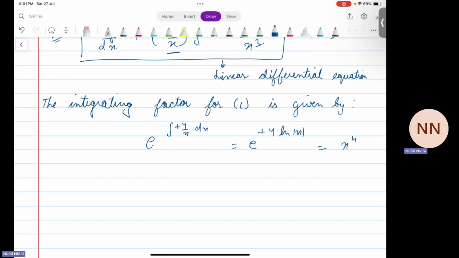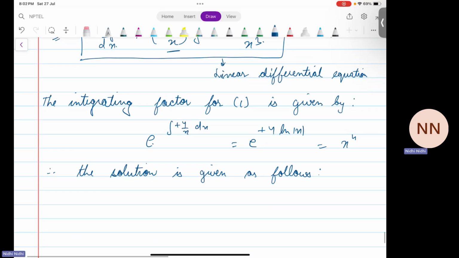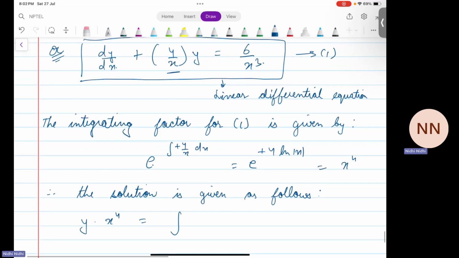Using this integrating factor, we can easily find the solution, which is given as follows. y times the integrating factor is equal to integration of the non-homogeneous part, 6 by x cube, times the integrating factor x power 4, dx plus some constant c.